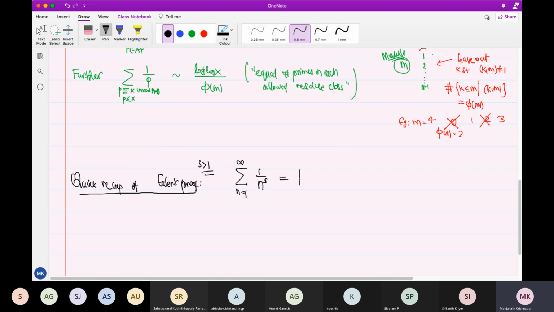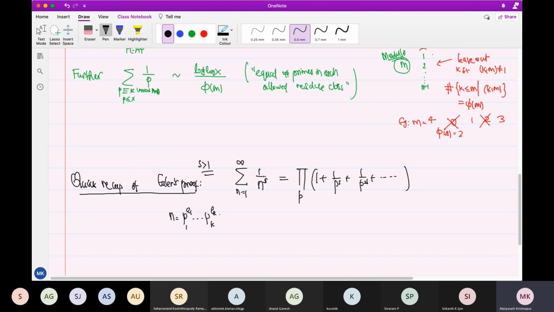So this is the same as the product over primes of 1 plus 1 by p to the power s plus 1 by p to the power 2s plus dot dot dot. Now why is that? Because when you multiply this, you take a few prime powers here. So if n is p1 to the e1 up to pk to the ek, right?